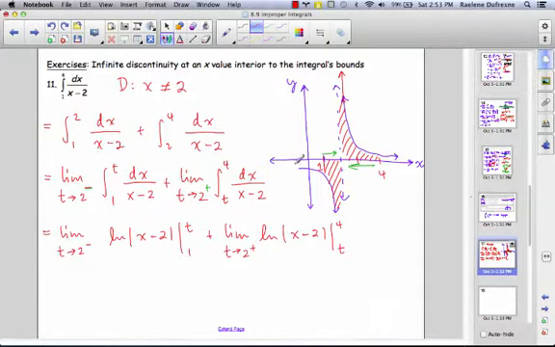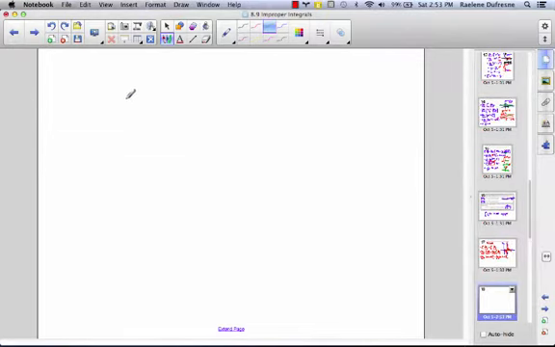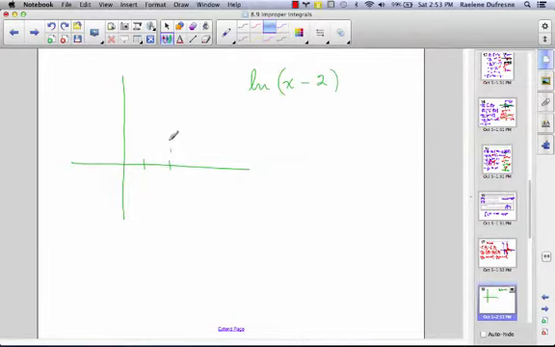Well, we can take a look at the graph of ln of absolute value of x minus 2, and let's put it on the next page. The ln of x minus 2 is going to look like the ln of x graph translated 2 spaces over, and the ln of absolute value of x minus 2 is going to look like a mirror image.